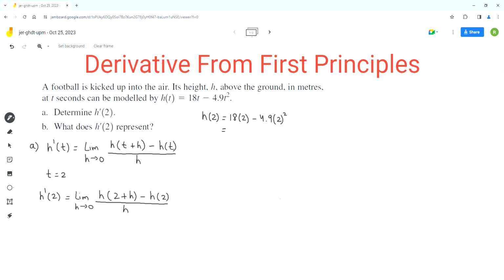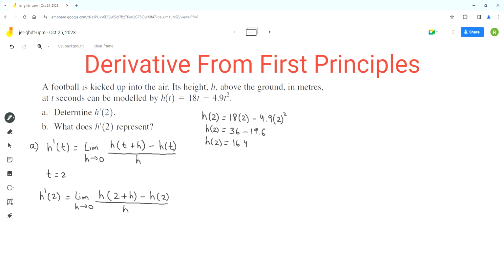Now we have to evaluate this expression. 18 times 2 is 36, minus 4.9 times 2 squared, which is equal to 19.6. Now we can subtract these numbers. So h(2) is equal to 16.4.